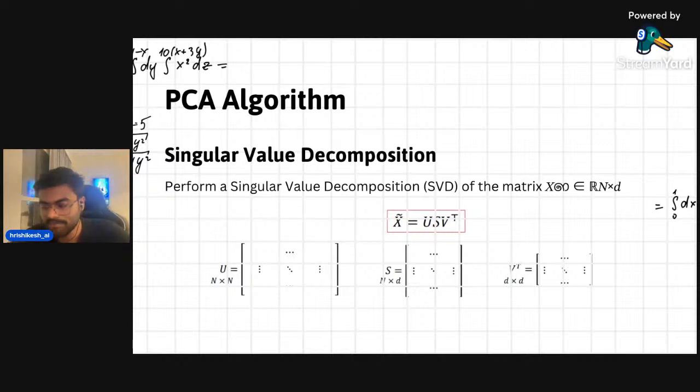Have you come across eigenvalues or eigenvectors during college? I think it was also part of 11th and 12th. Yeah, Madhur is saying yes, that's really great.